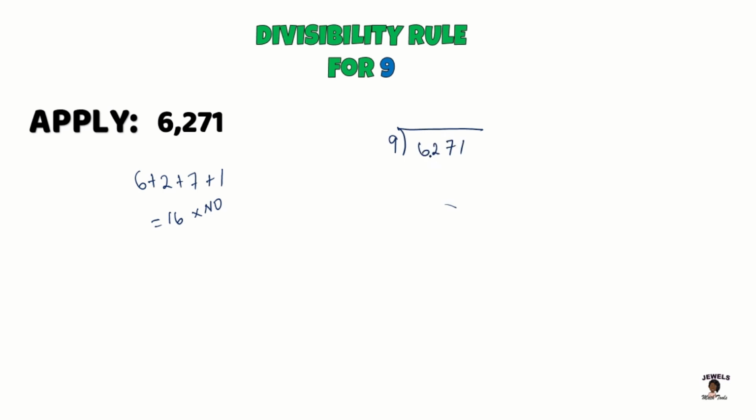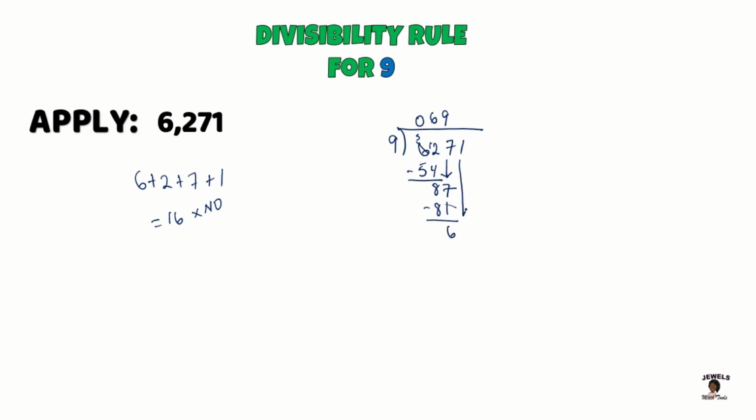So 9 can't divide into 6 because it's less than 9. 9 divides into 62 6 times. 6 times 9 is 54. 62 minus 54 will leave us with a difference of 8. We're going to bring down our 7, changing 8 into 87. 9 goes into 87 9 times. 9 times 9 is 81. 87 minus 81 leaves us with 6.